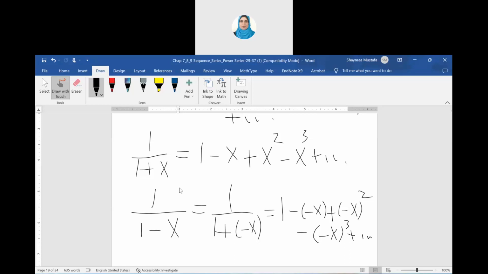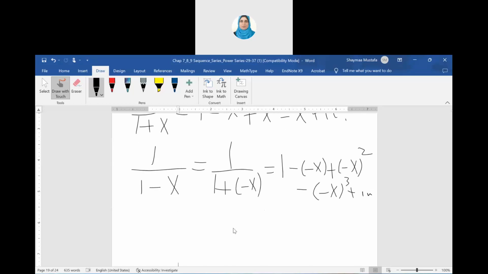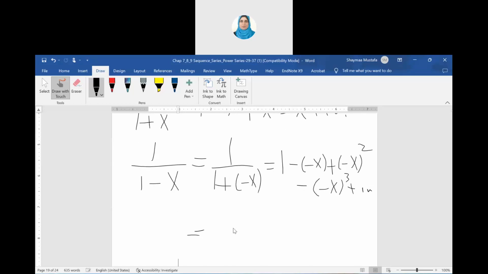Go here and replace each x by minus x. So you will get 1 plus x plus x squared, because minus x squared is still x squared. Minus x cubed is minus x cubed, and we have another minus here, so plus x cubed, and so on.